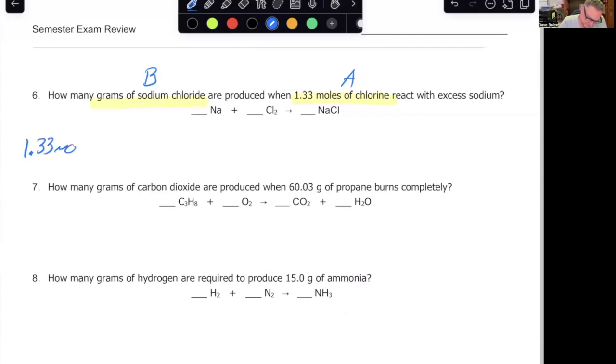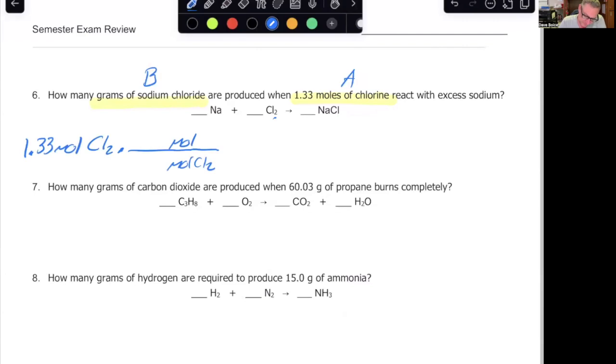1.33 moles of chlorine. Now chlorine is diatomic, so that's Cl2. Okay, don't have to give this any thought. My unit, whatever is on top, goes down. So moles of Cl2. And I'm going to go into my mole to mole ratio.